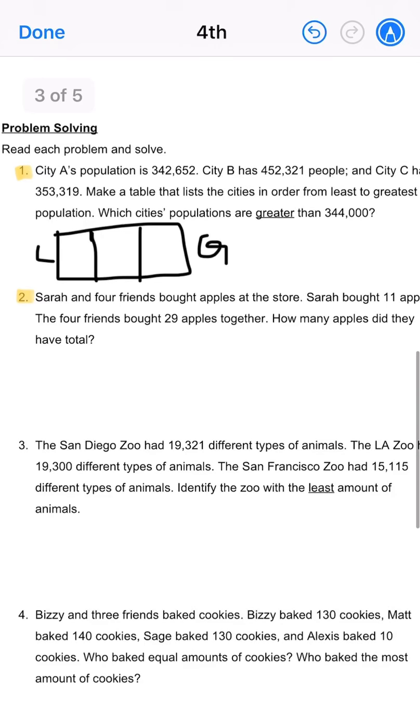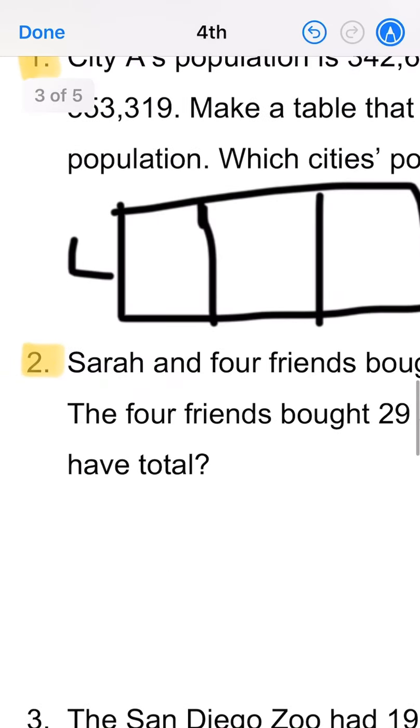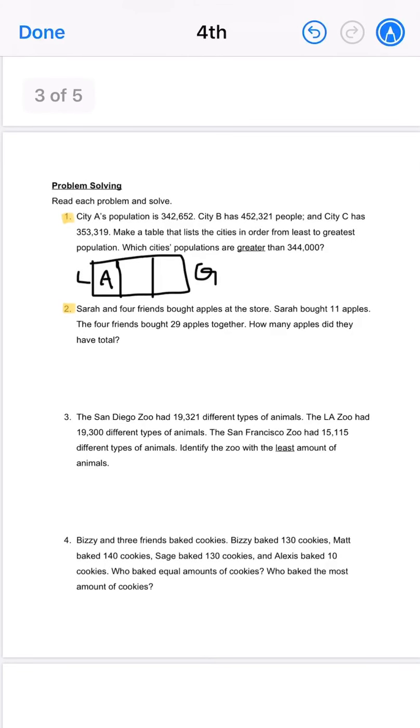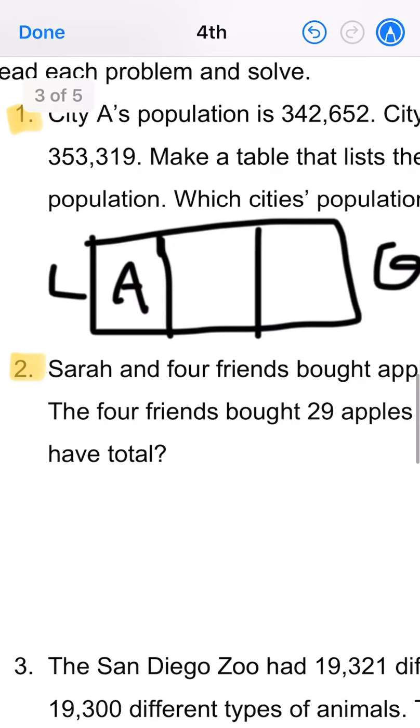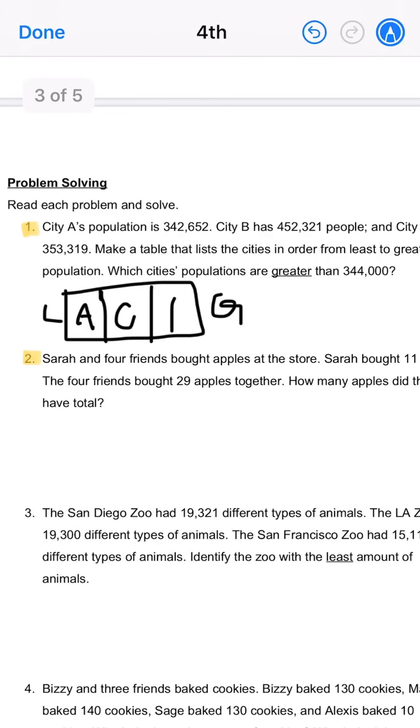Let's compare the numbers: City A, City B, and City C. You can see that City A has the least amount of people, so we're going to put A here for City A. Next, we have City B and City C left, and City C has the next least amount of people, so we're going to put C. And lastly, we have City B.